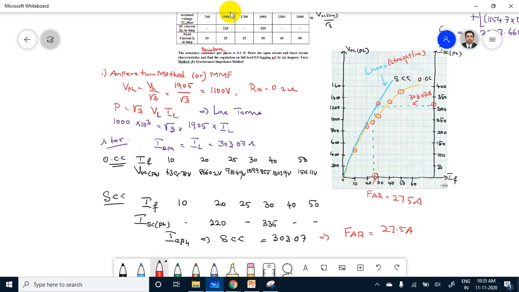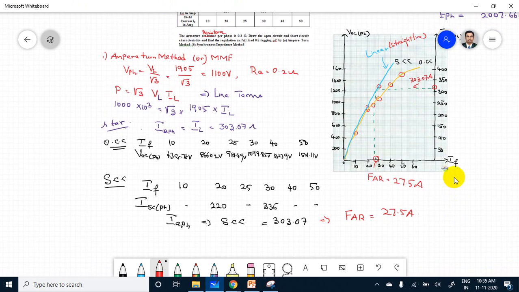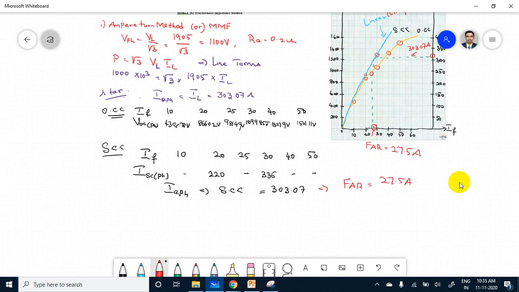Any doubts? Now we have to find V phase plus IA phase into RA cos phi. What is the value? V phase is 1100, we got it, plus IA phase 303.07 into RA, which is 0.2, cos phi as per your question is 0.8 power factor.